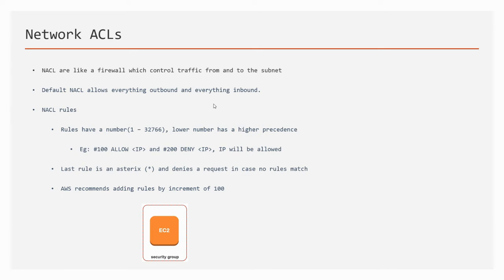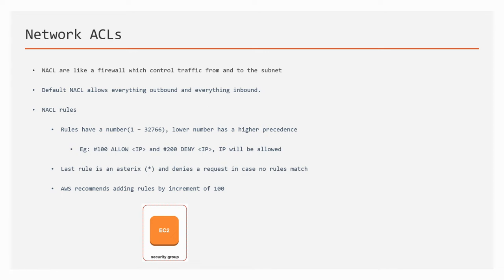So where does this access control list exist? We already know that the EC2 will be put into a subnet, and the EC2 instance itself has a security group, a kind of last level defense, a kind of firewall for the EC2 instance.